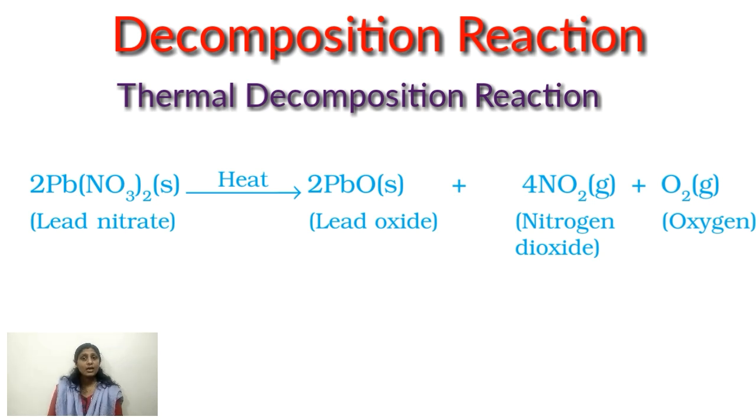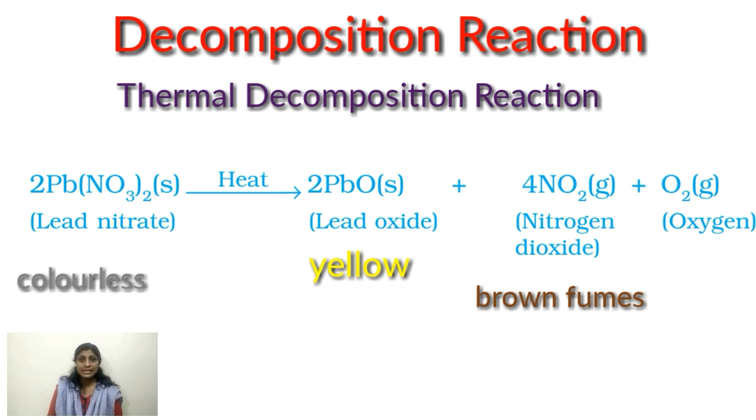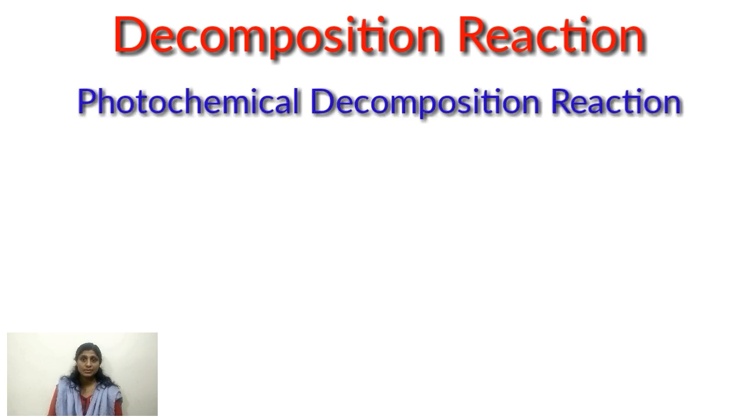Observation: in this reaction, colorless lead nitrate, Pb(NO3)2, converted to yellow colored lead monoxide, PbO. That is the first observation. Second one, brown fumes of nitrogen dioxide gas also formed.